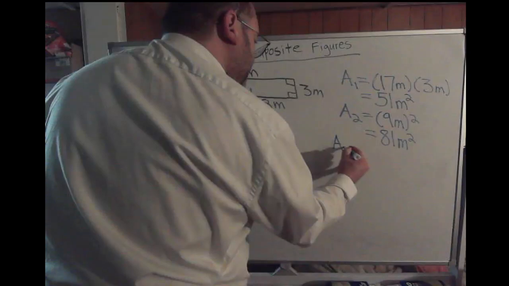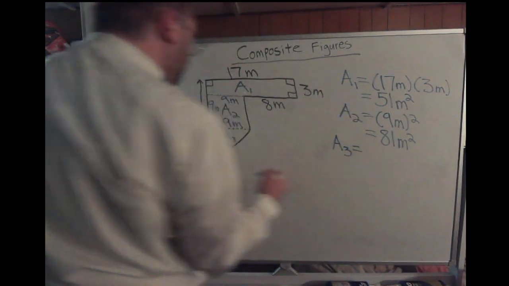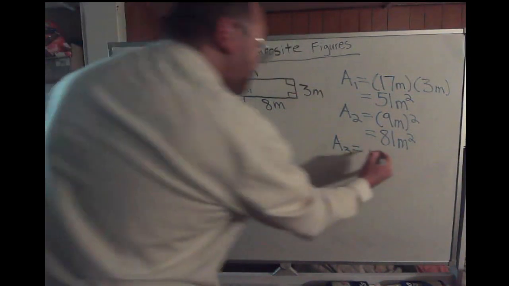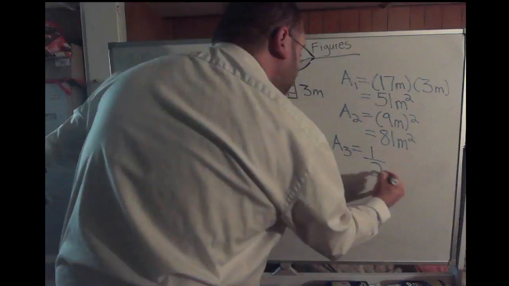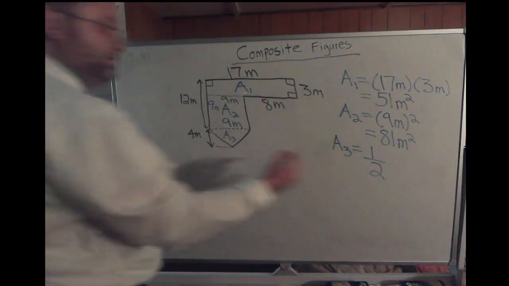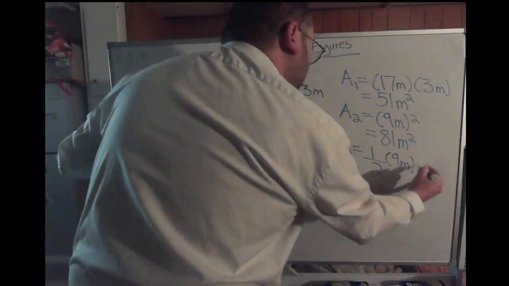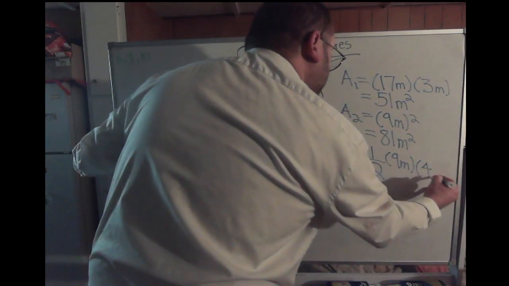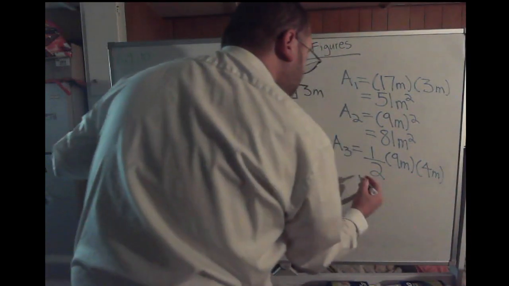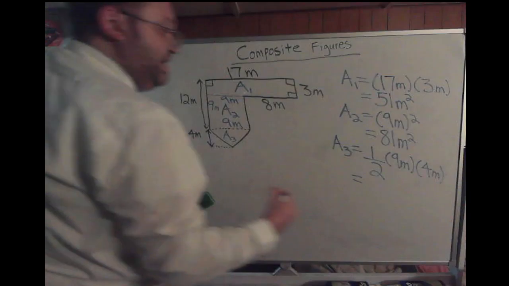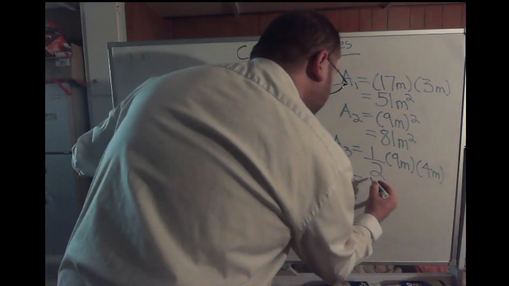So let's find the area of the triangle here. Remember, area of a triangle is half the base times the height. So half of 9 meters times the height of 4 meters. Well, we know half of 9 is 4.5.